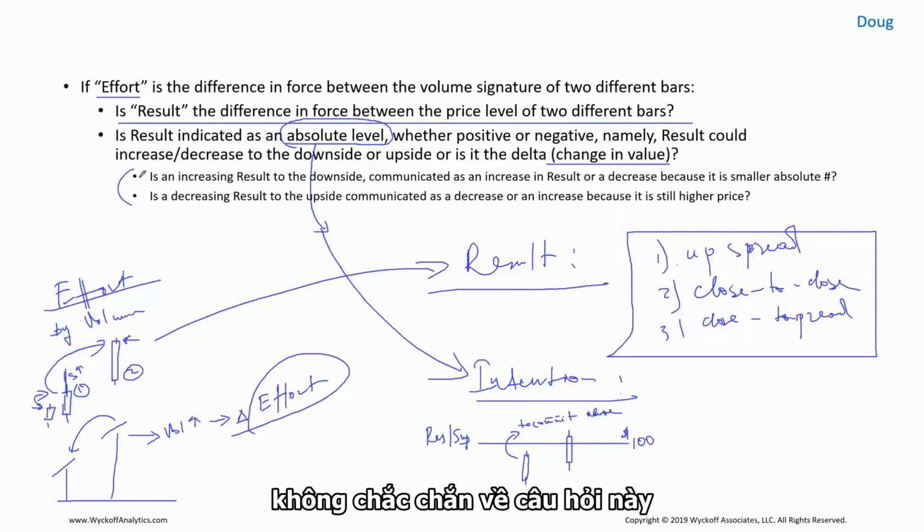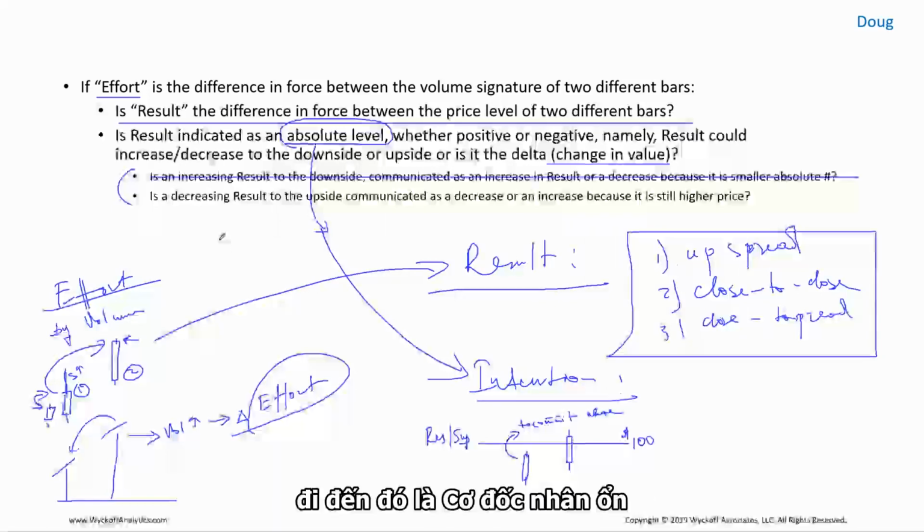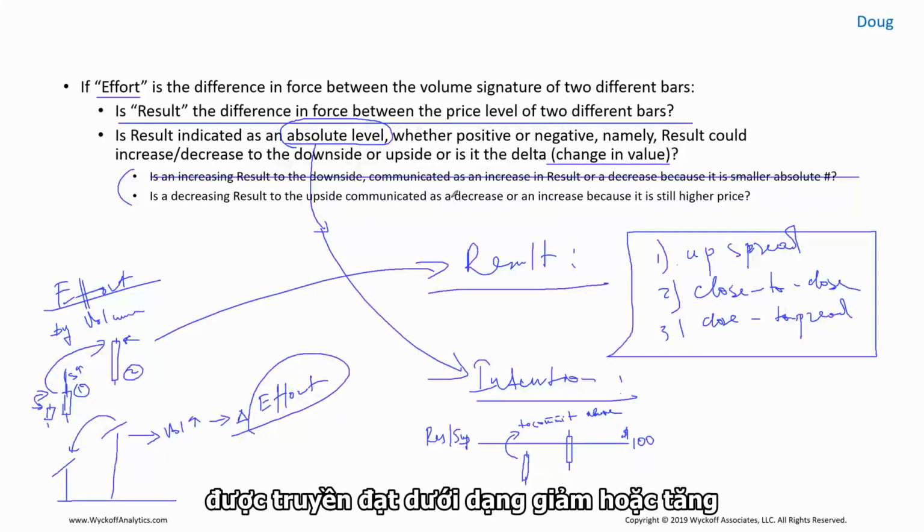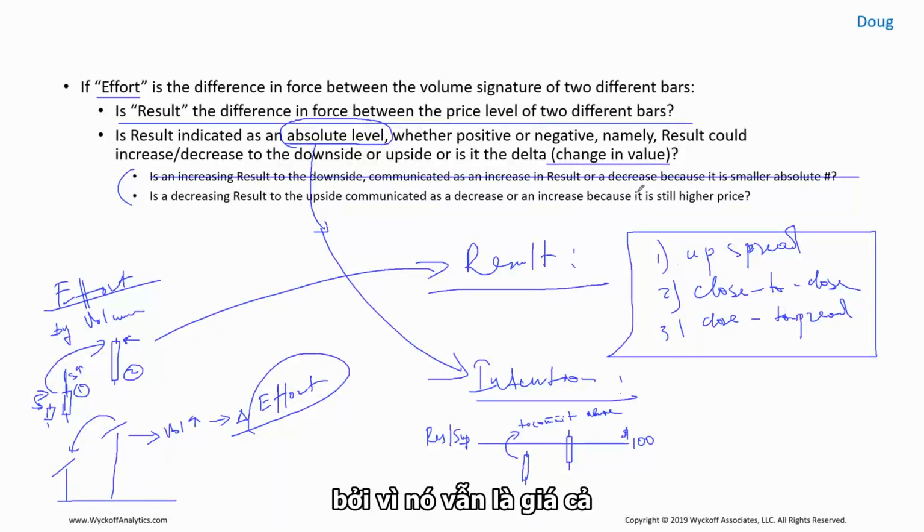Not sure about this question. Okay, so let's just not go there. Is decreasing result to the upside communicated as a decrease or increase because it's still prices?